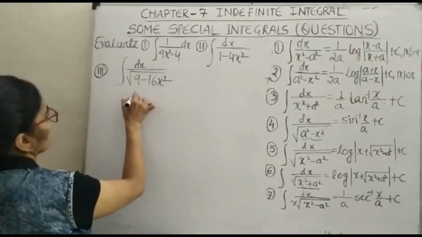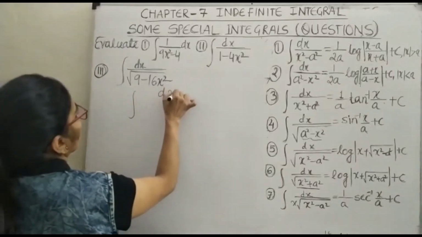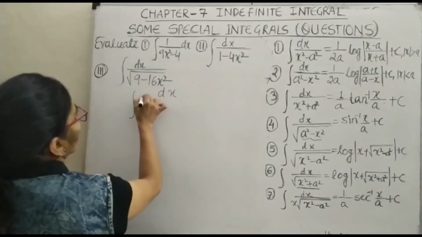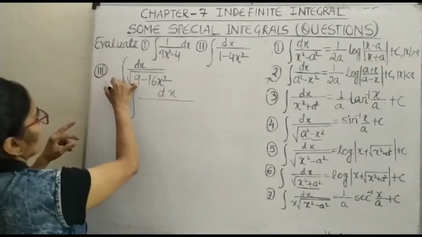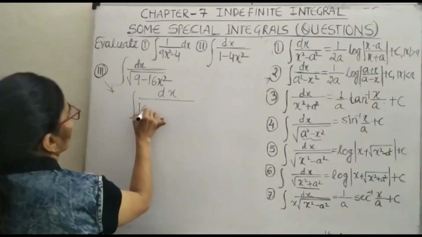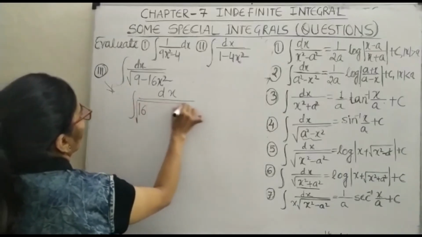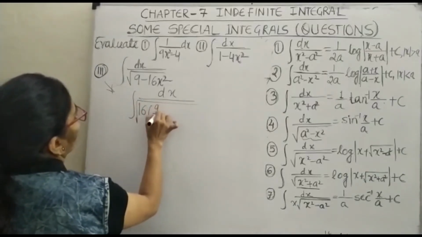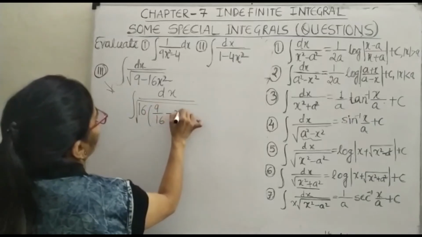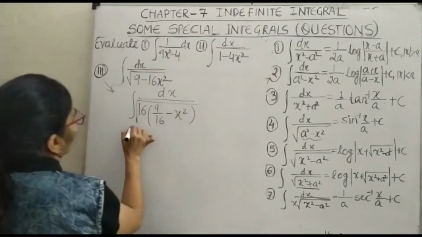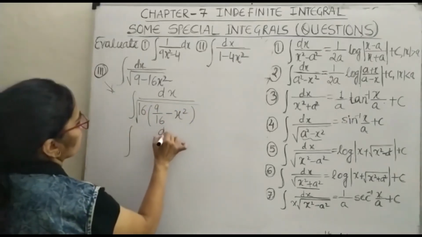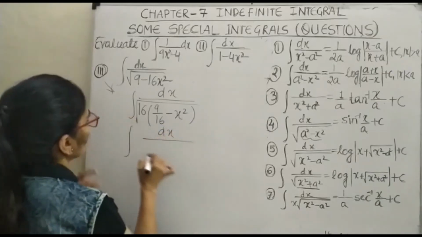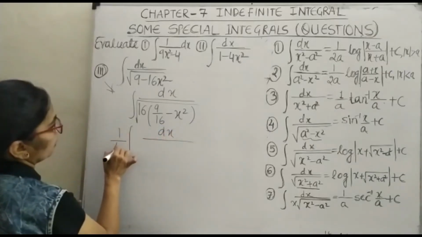Your question number 3, once again we will be doing the same thing. dx upon under root 16 minus 9x square. 16 बाहर ले लेते हैं तो ये आपका हो जाएगा 9 upon 16 minus x square. So this is equal to dx. 16 का आपका क्या बाहर आ जाएगा 4, right?